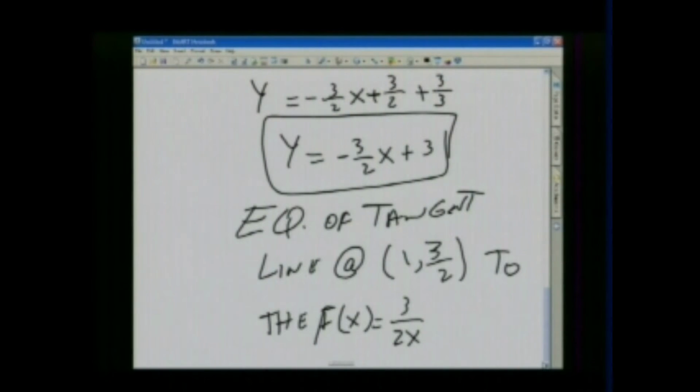Again, if you want, you can draw that 3 divided by 2x using the calculator online, and you would see that everything is figured out completely. You can see it visually that way.